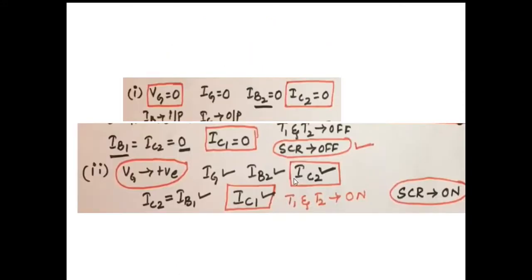That means IC1 increases, IC2 increases, IC1 increases. That means both the transistors T1 and T2 will be in on condition. So whenever the transistors T1 and T2 are in on condition, the SCR will turn on. The SCR will conduct.